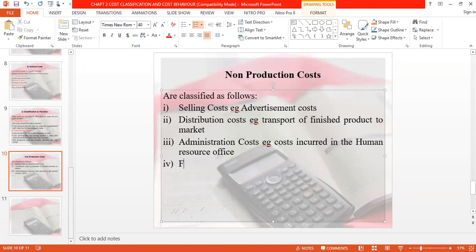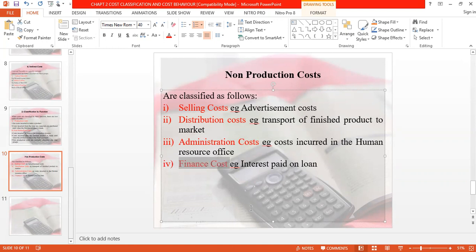And lastly, finance costs, e.g., interest paid on loan. So when you are asked what the different types of non-production costs are, it can be selling costs, distribution costs, administration costs, or finance costs.